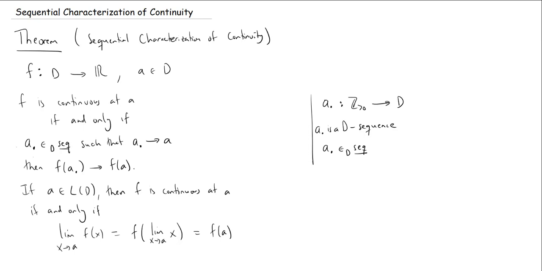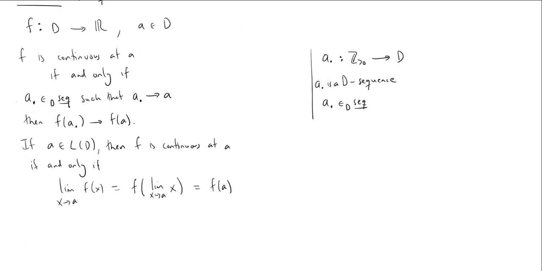This shouldn't be too controversial, because the limit as x approaches a of x is definitely equal to a. As x gets closer to a, x gets closer to a. Not super exciting there. The reason I want to break it up in this way is because now you can see that the limit of the function is equal to the function of the limit.